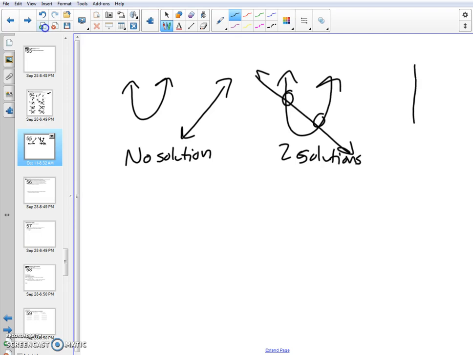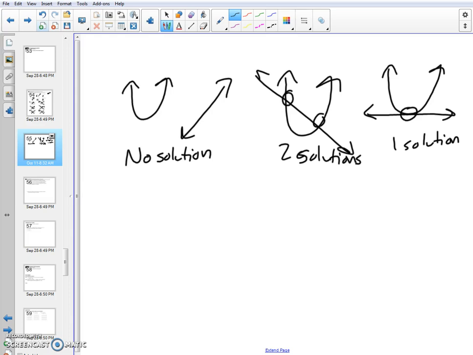And it's also possible that if I have a parabola with a line that only touches it once, so think about it, it could be at the vertex right there, it just touches, then I would only have 1 solution. So when I'm dealing with a quadratic and a linear, I could either have 0, 1, or 2 solutions.